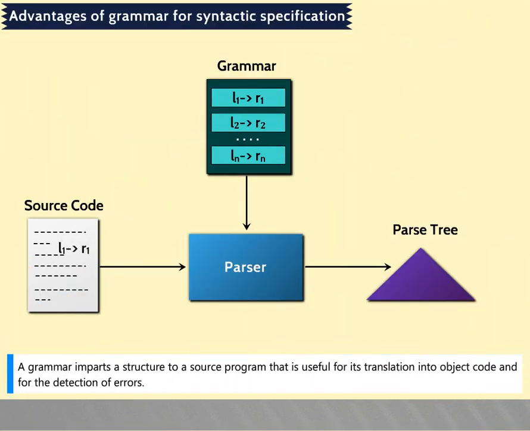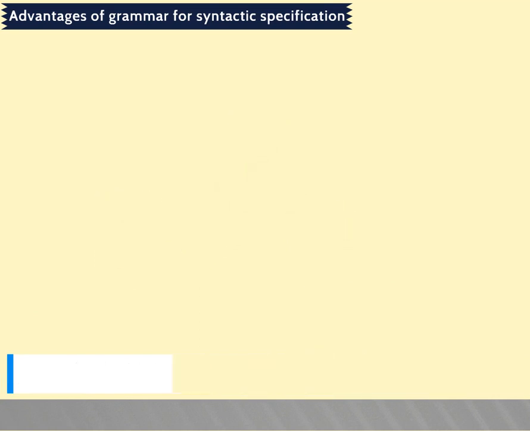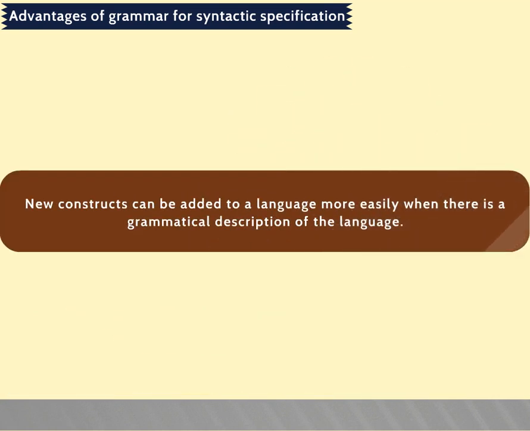A grammar imparts a structure to a source program that is useful for its translation into object code and for the detection of errors. New constructs can be added to a language more easily when there is a grammatical description of the language.